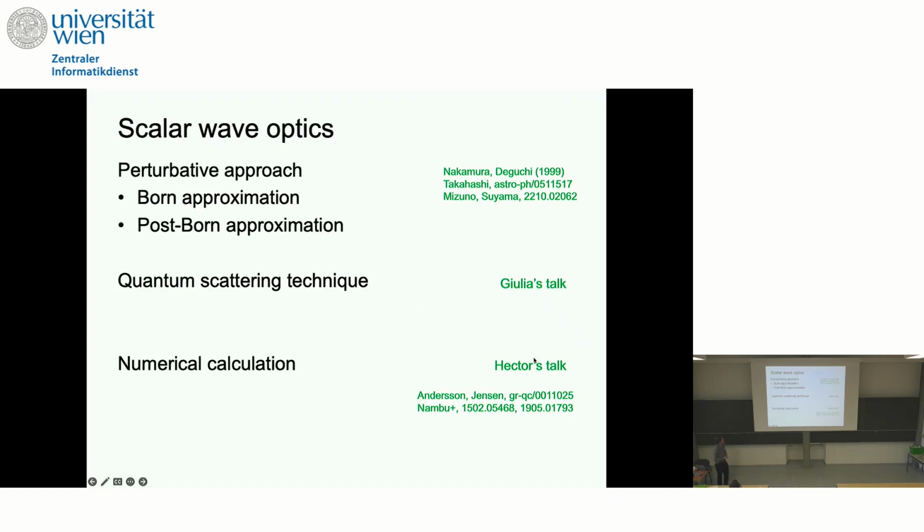A quantum scattering technique was introduced in Jiria's talk, and numerical calculations in Excel's talk. Anderson's review paper is also very useful, and this number and collaborators' work is very interesting. So let me introduce one of them.